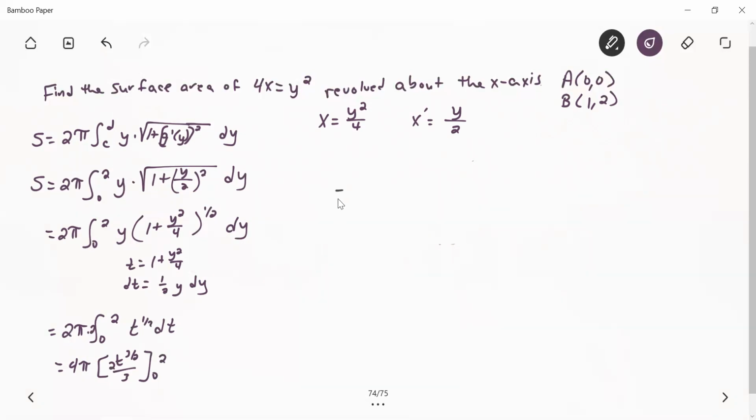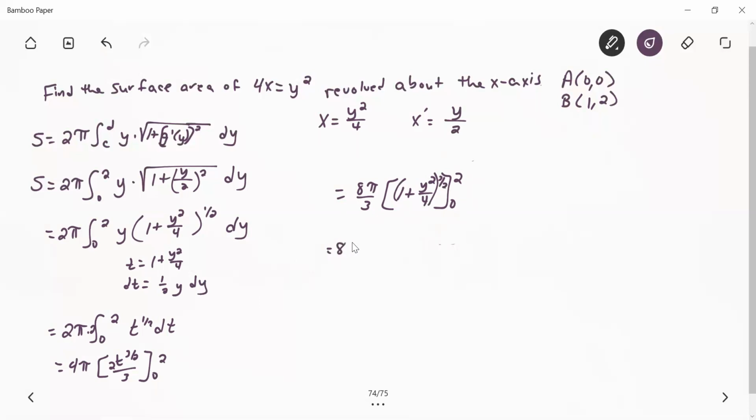All right, let's clean this up. I'm going to bring out the 2/3, so that gives me 8 pi over 3 times t, which was 1 plus y squared over 4, from 0 up to 2, and that was raised to the 3/2.